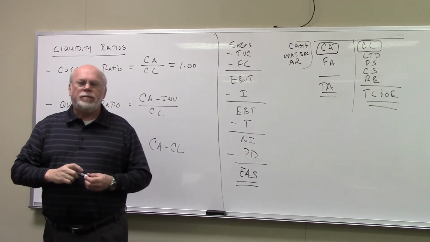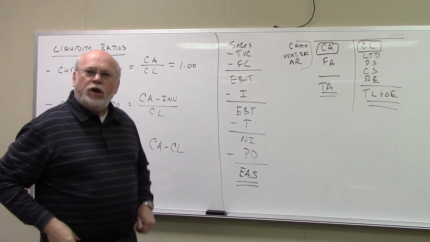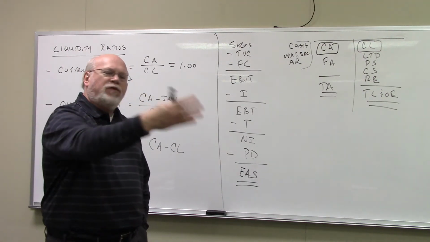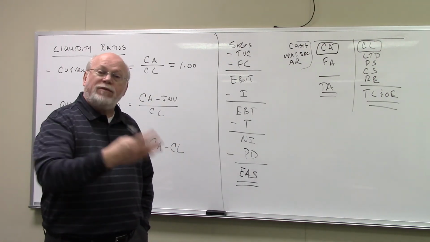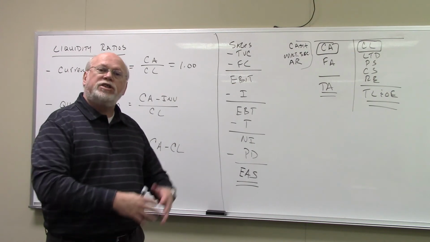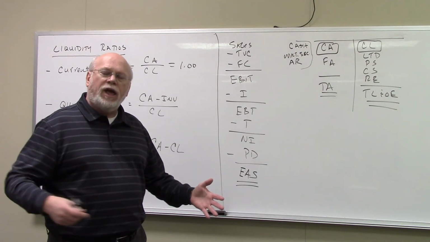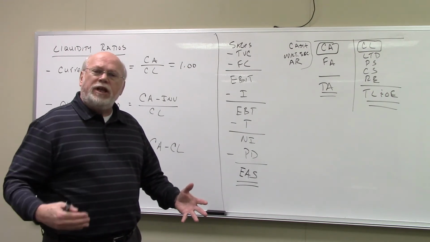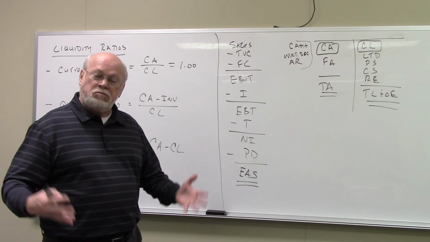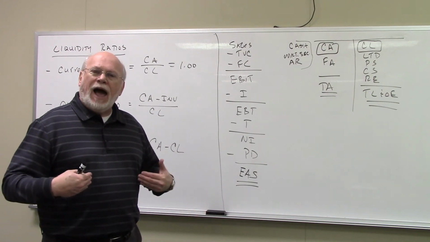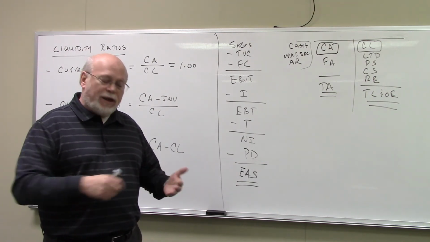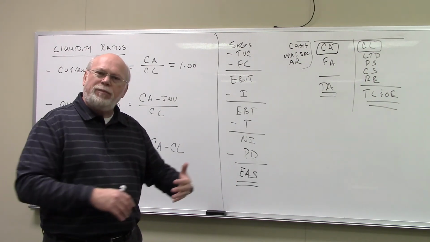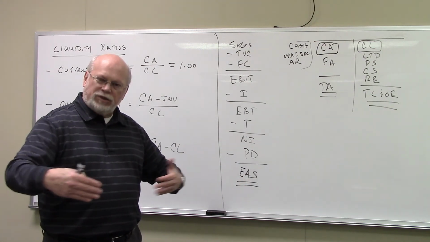Accounts receivable, another common type of current asset. Now, accounts receivable means you've financed somebody's sale. You gave them credit. They came into your business, they brought all their stuff up to the cash register, and you rang it all up, and at the end of it, they didn't pay you, they said charge it. That's a receivable. I was raised in a small business. If somebody did that, we'd write down everything that they bought, have them sign it, and then we'd put that piece of paper in a big drawer that was alphabetized.